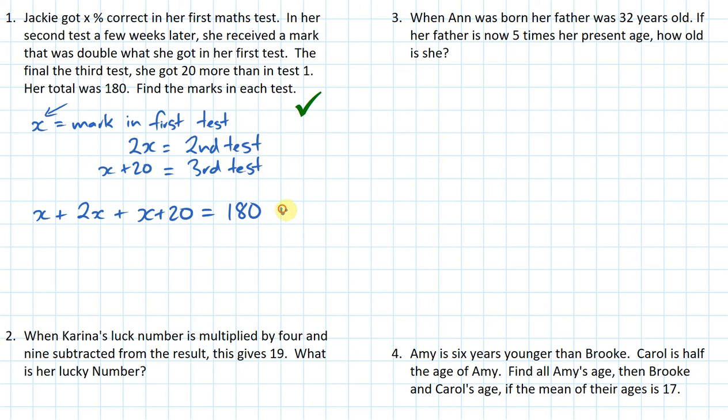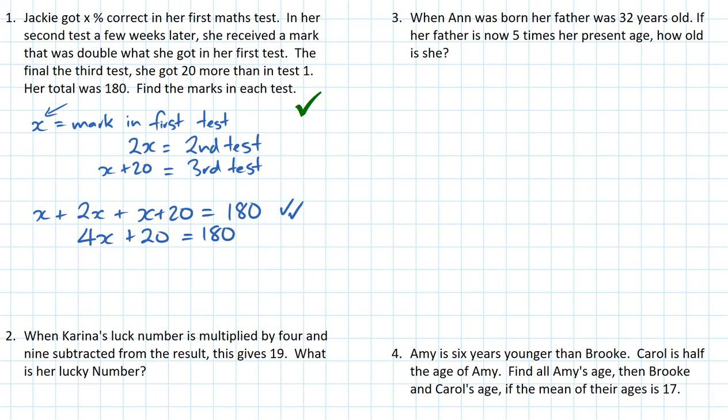So this is our equation that we've come up with. Now we're going to solve that equation to find X. So I've got X plus 2X plus X, that will give me 4X, and then plus 20 equals 180.